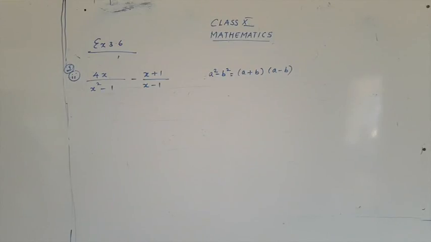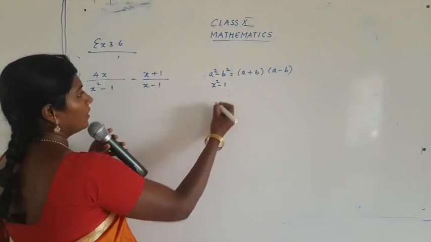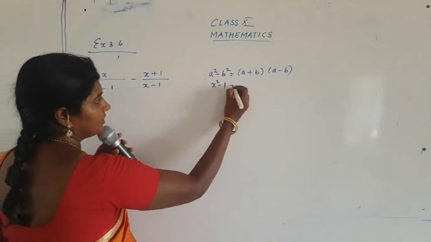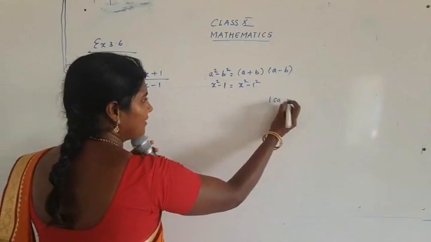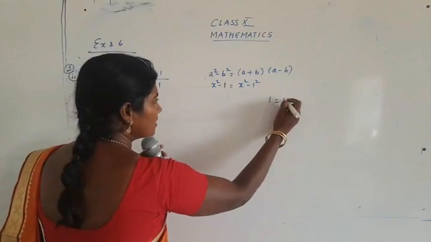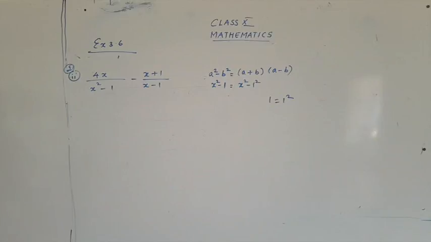So a square minus b square is equal to a plus b into a minus b. So now x square minus 1 will be written as x square minus 1 square. 1 is equal to 1 square. So how are you going to change 1?